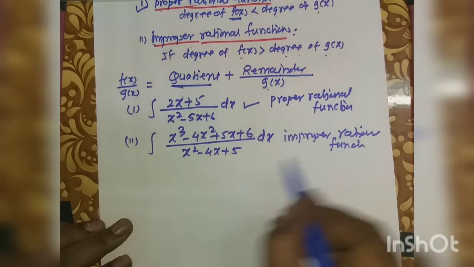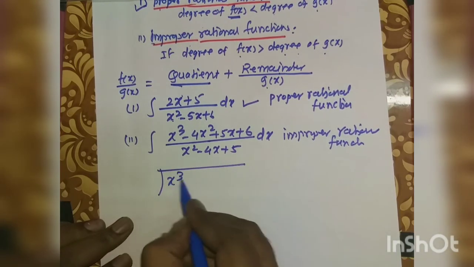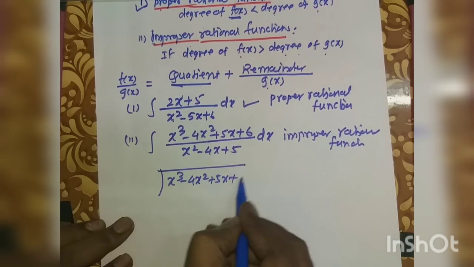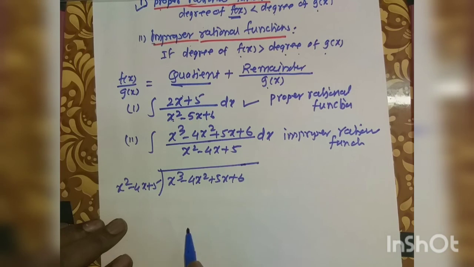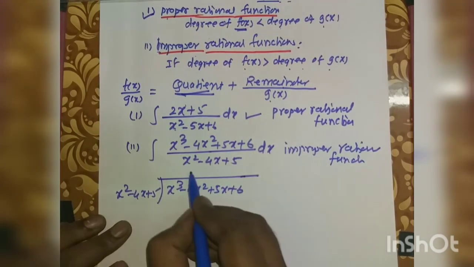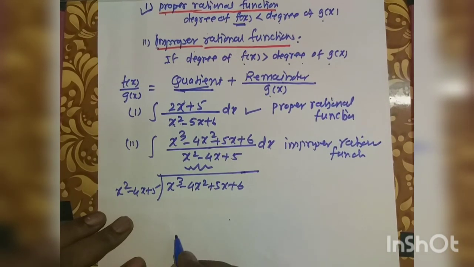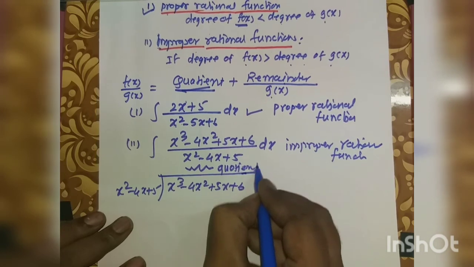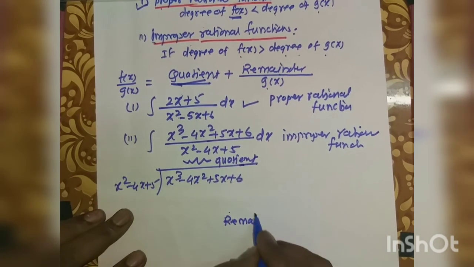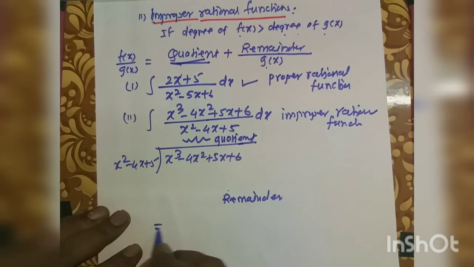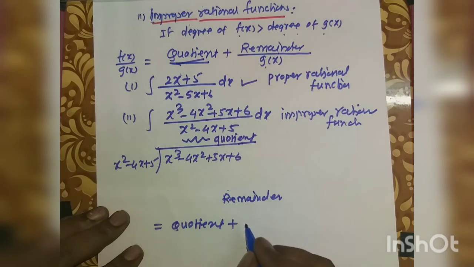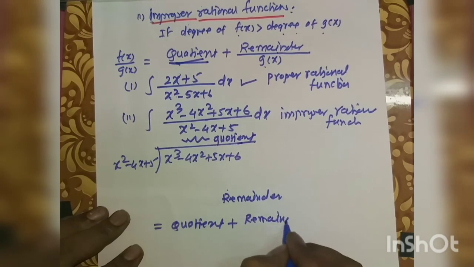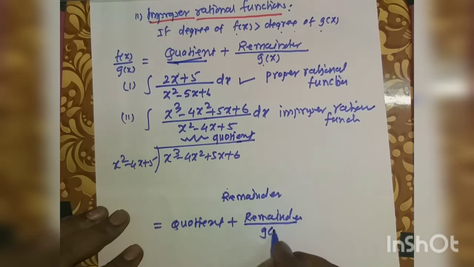Now this improper rational function can be converted by taking the quotient, dividing x cube minus 4x square plus 5x plus 6 by x square minus 4x plus 5, and reducing it to this form: quotient plus remainder divided by g of x. G of x means this, and then we take integration.